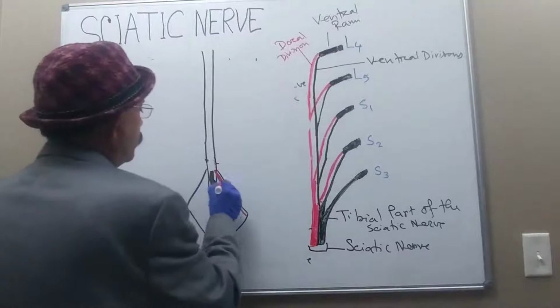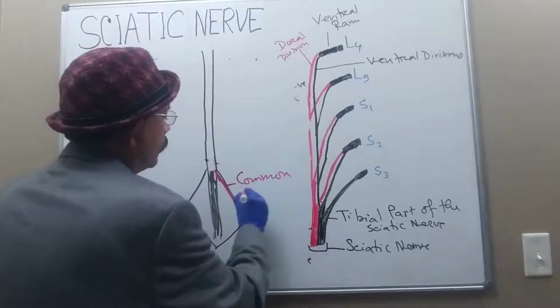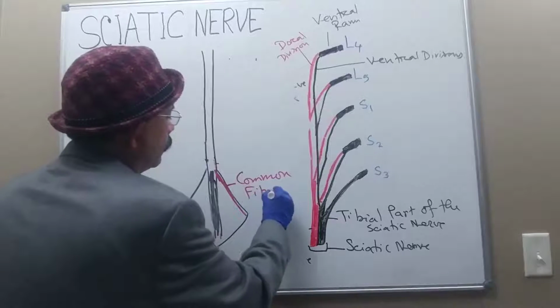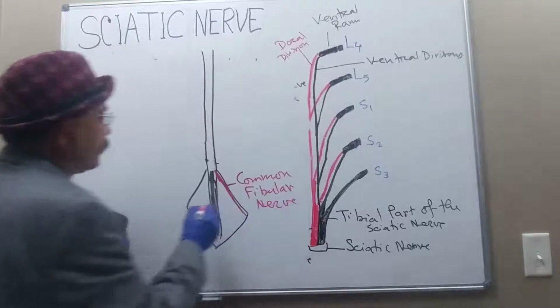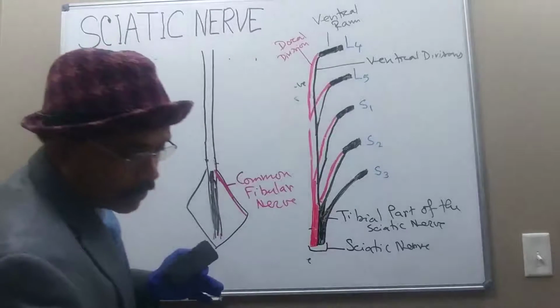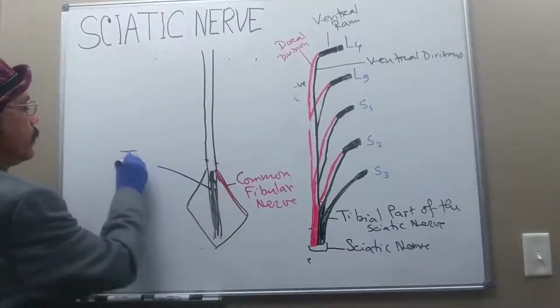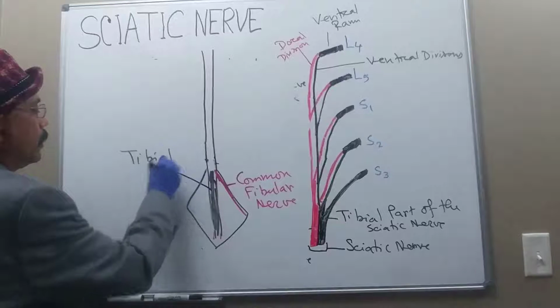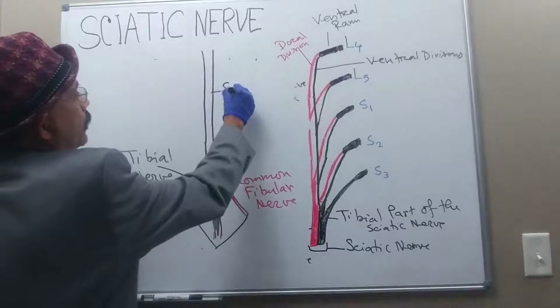This is the common fibular nerve, also called common peroneal nerve. This is the tibial nerve. This is the sciatic nerve.